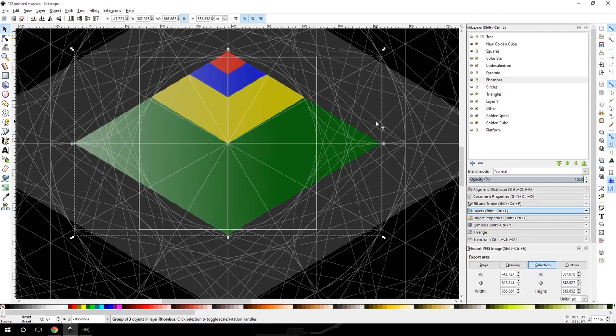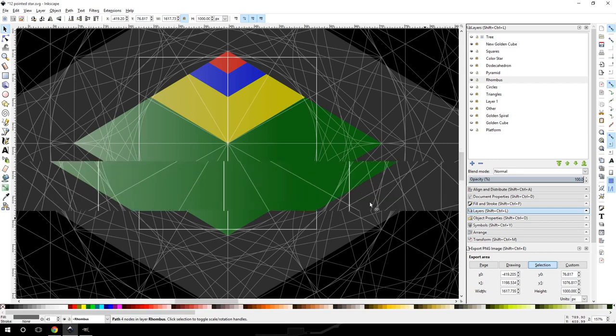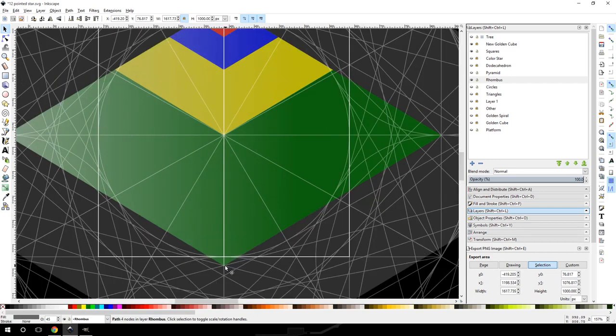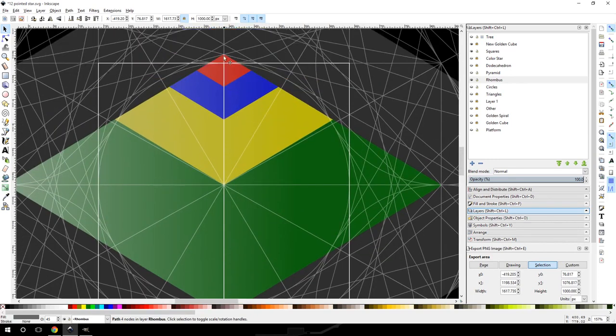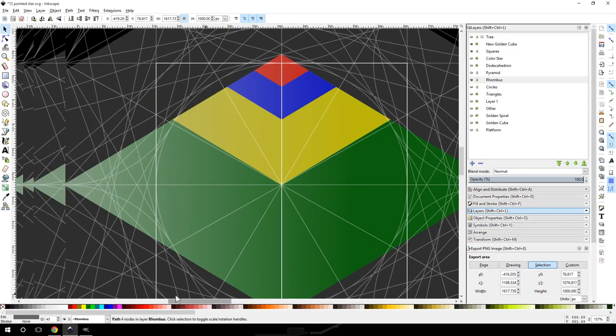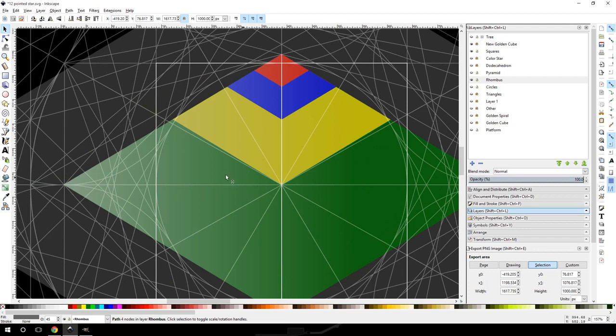So this one right here contains all four points of a golden rhombus. Let me show you. You have this point here, this point here, this one here, and this one here. And if we calculate our rhombus size, it's 868 by 537.